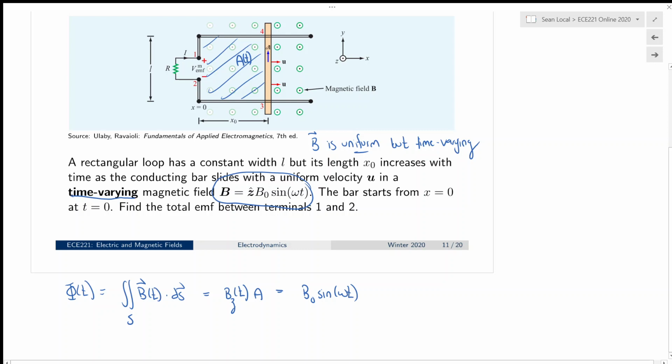And then the area is the height of the rectangular loop, which is labeled L in the diagram, and the width of the loop is x naught, which is itself a function of t. So we're going to have time dependence both in the area of the loop and in the B field that's passing through it. This seems to fall into the category where we're going to have both a transformer EMF contribution as well as a motional EMF contribution.